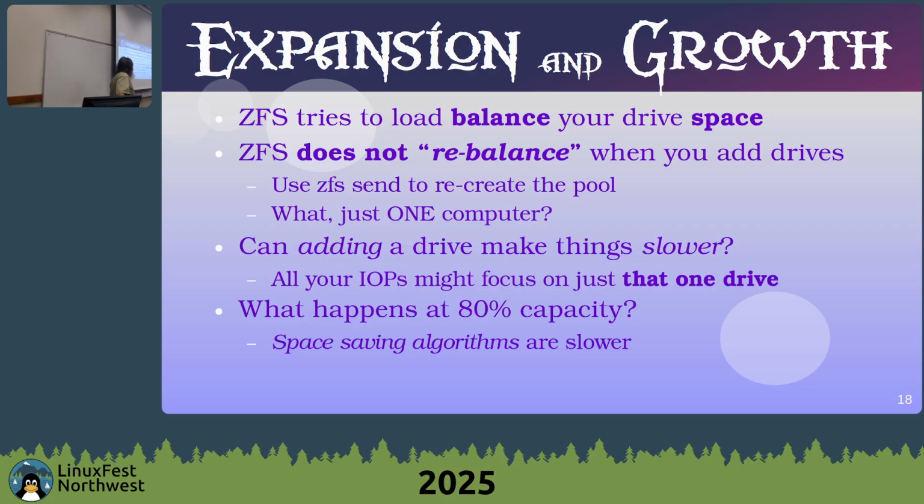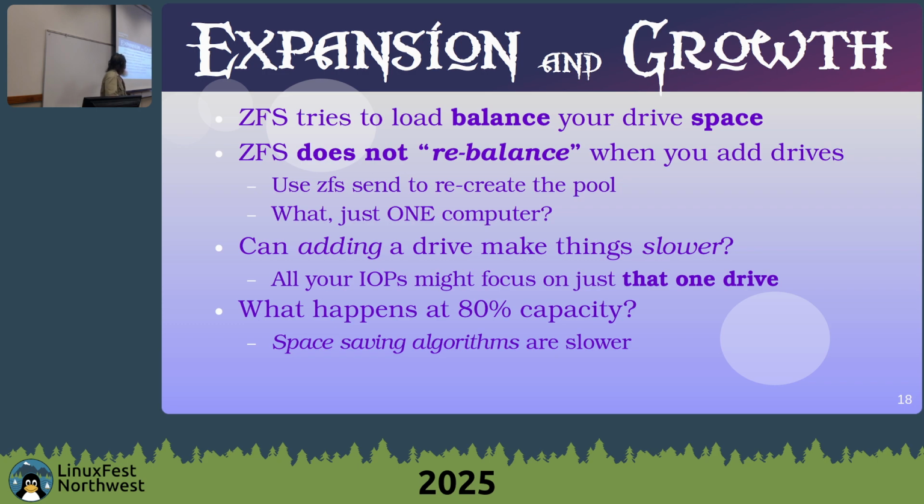So that goes back to the rebalance. In this case, chances are, if you really want to rebalance, send it all to the backup, receive it all to a fresh file system, then all the drives will be equitably used, and you'll get your performance back.